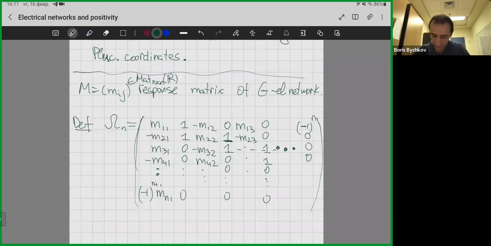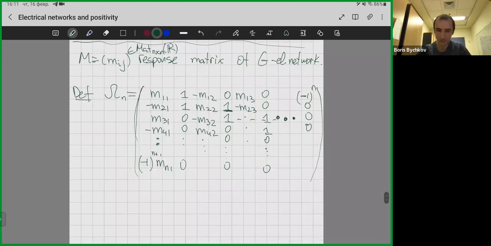So you see, we should have 1 here, only once, this is omega n to n. So the last entry is equal to 1.